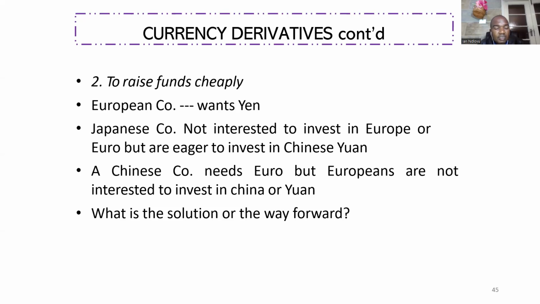The scenario given in the second bullet is of a European company which wants Japanese yen, and the Japanese company which is not interested to invest in Europe or in the euro, but is eager to invest in the Chinese yuan. A Chinese company needs euros, but Europeans are not interested to invest in China or yuan. What is the way forward?